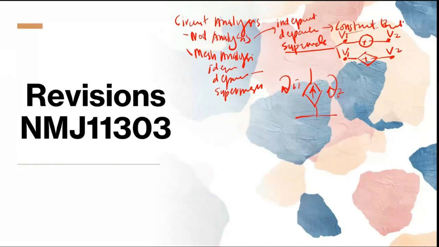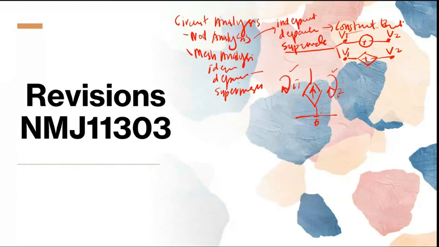In order to calculate the super mesh, you need to write one equation from I1 and I2, and also from node 0 where you have the super mesh.